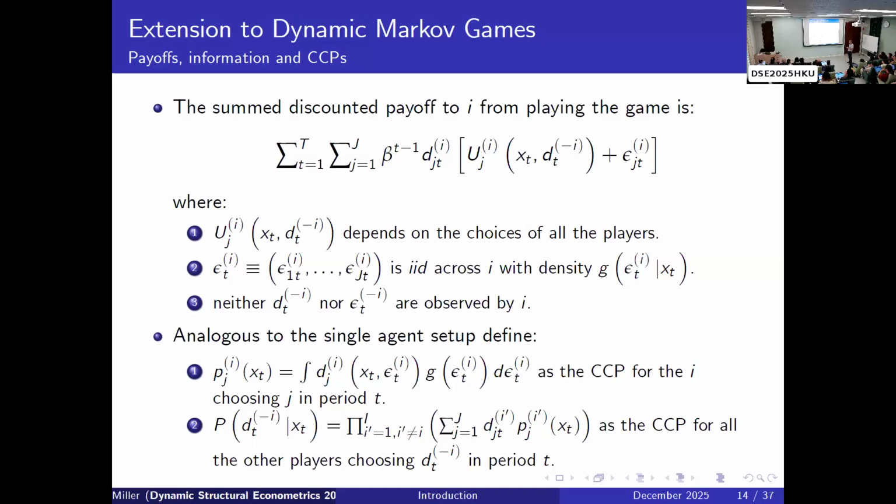Let's now think about the choice for a single agent, similar to the single agent setup. We define the probability that player i will take choice j, given all the industry variables, integrating over the epsilons. So I'm going to define the CCP almost the same way.